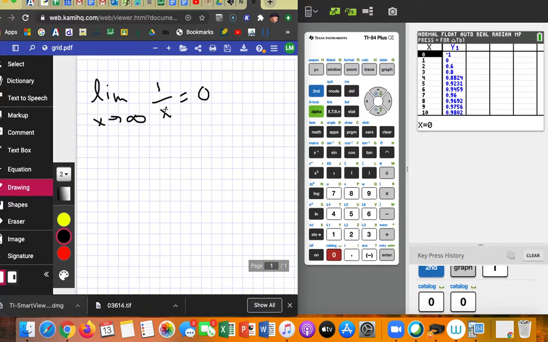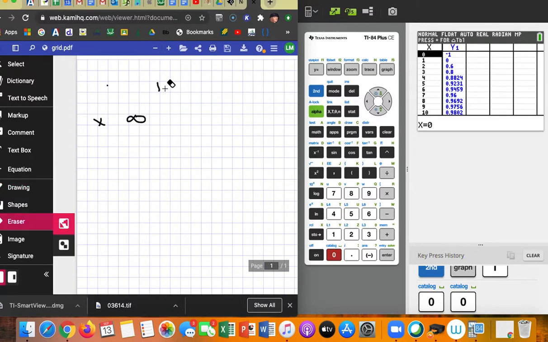All right. So what if I had something like this? What if I had a pretty gnarly looking function?